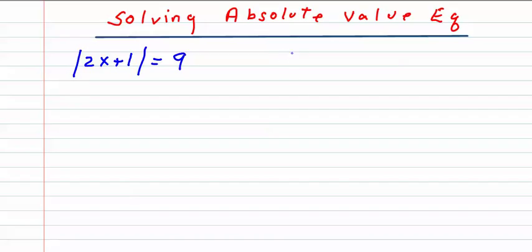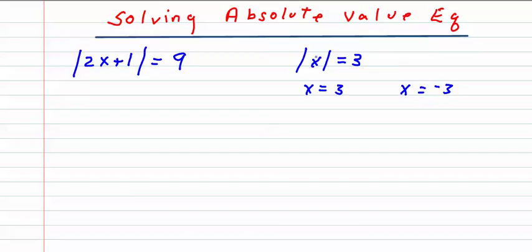Now, if you remember when we talked before, absolute value of x equaled 3, that the distance from some point to 0 on the number line is 3, that x could be equal to 3, or x could equal negative 3. We're going to use the same idea.